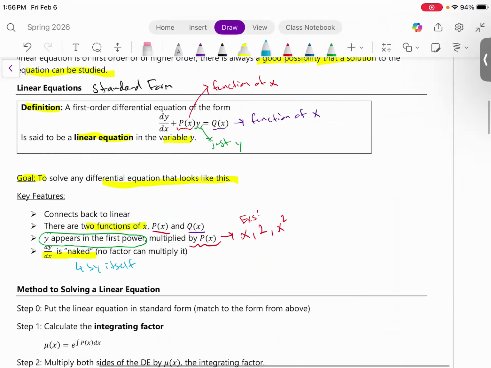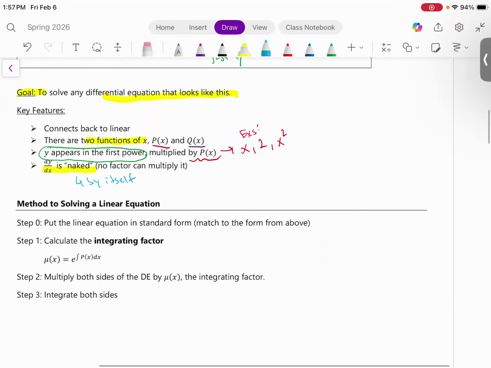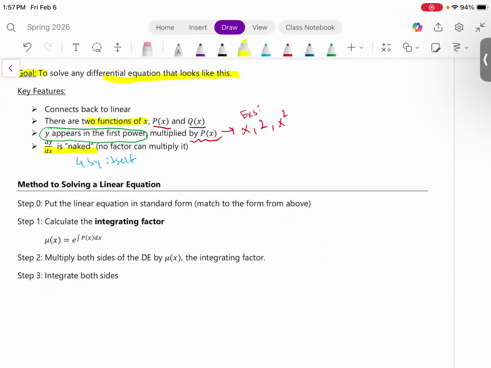Okay, so here's a straight method to solving a linear equation. You kind of want to go in these steps. Okay, so sometimes there's a step 0. And that step zero is putting the linear equation into standard form. What does that mean? It just means getting our derivative dy over dx naked, isolating, whichever clicks for you, but that's always step zero.